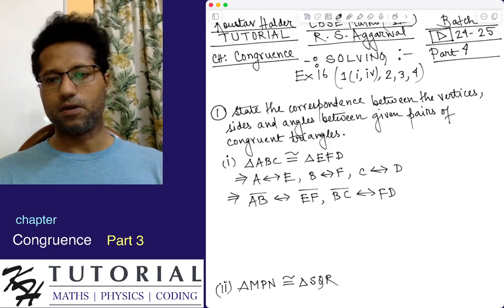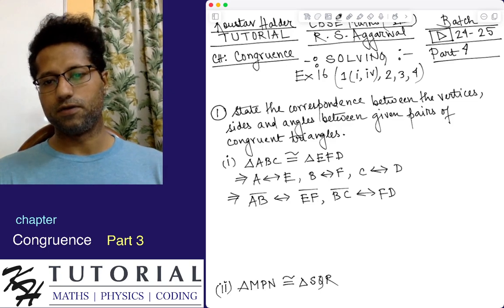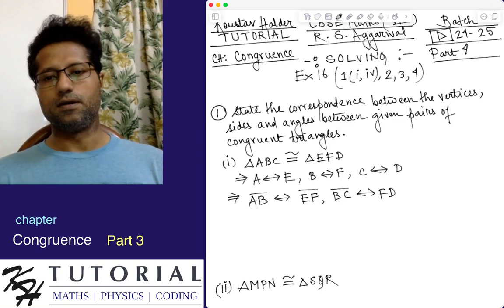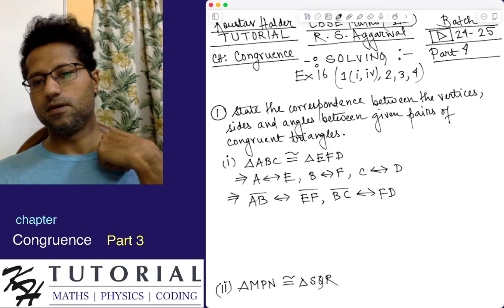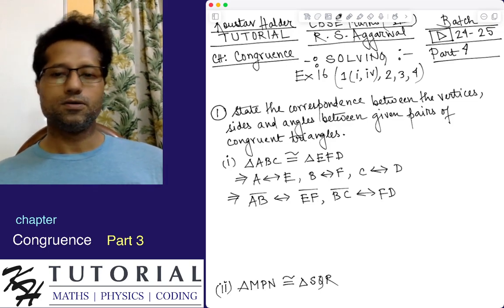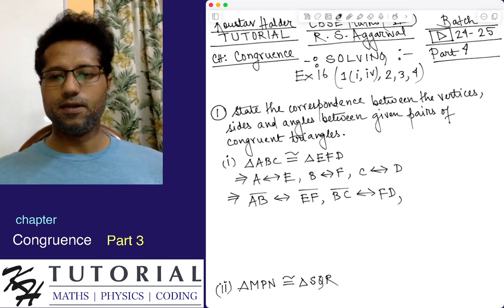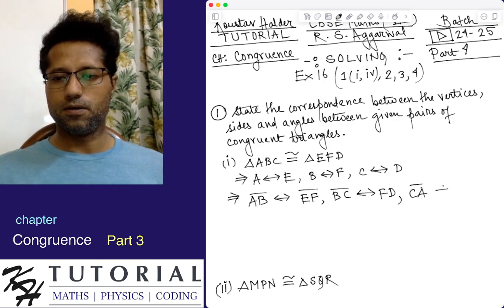So you take the correspondence of the vertices, and definitely you will know the corresponding side in triangle EFD. So AB will correspond to EF, BC will correspond to FD, and similarly the side CA will correspond to the side DE.